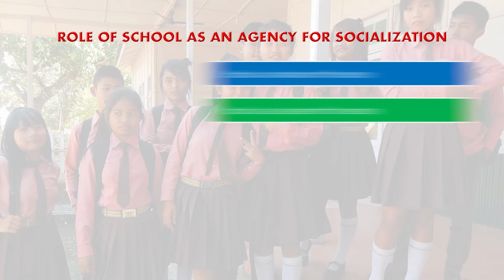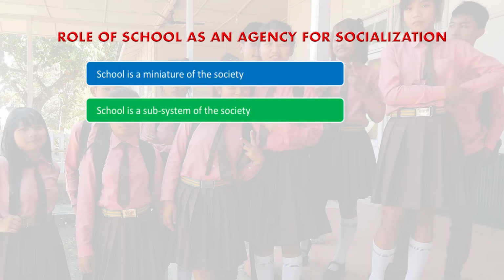I have already said that school is also called a miniature of the society, and school is also called a subsystem of the society, because school also practices group living, school also practices the rules, regulations, the norms of the society, the values of the society, the culture of the society, the diversity of the society.